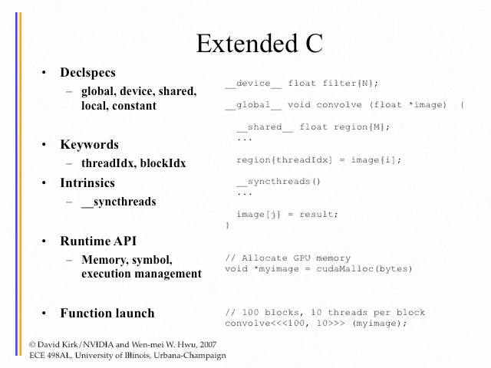Okay? And local and constant. So, for example, we can say that this particular data should be a device data structure. And what that tells the compiler is to allocate this piece of data in the GPU memory rather than the CPU memory. Okay?